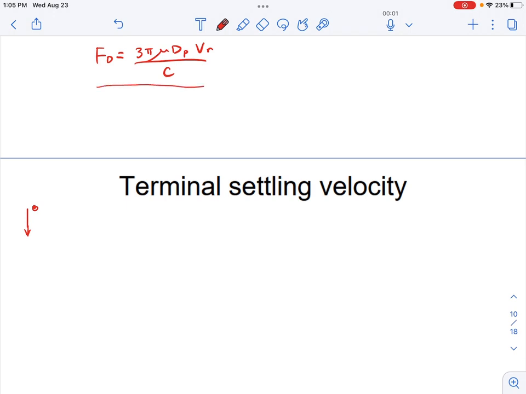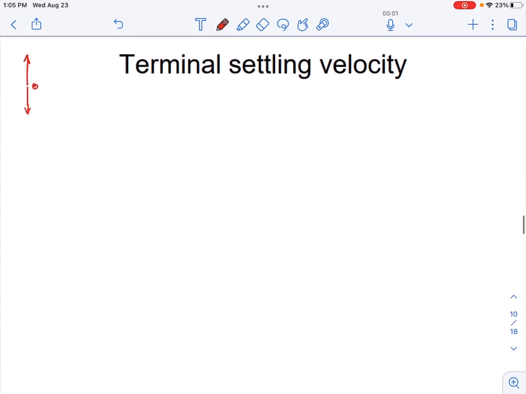Now with the complete form of the drag force, we can set up the complete differential equation to describe the particle movement due to gravitational settling. We're going to set up Newton's second law. You have the gravity and then the drag force, and buoyancy can be ignored because the density of the particle is much, much larger than the density of the fluid. So that's why we didn't consider buoyancy over there.